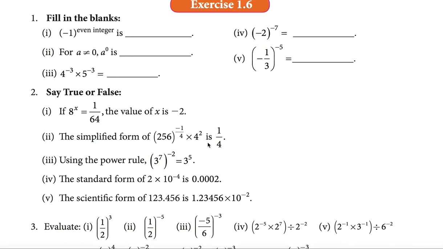Minus 1 whole power n is always positive. So minus 2 whole power minus 7, minus 1 by 2 power 7. Okay. A power 0 is 1 for a not equal to 0.